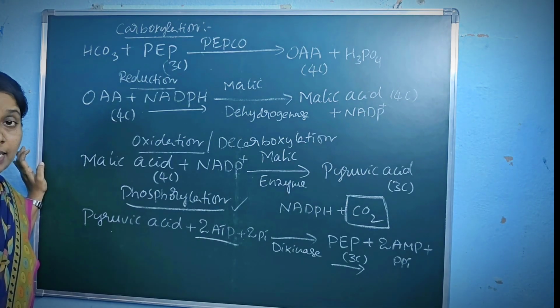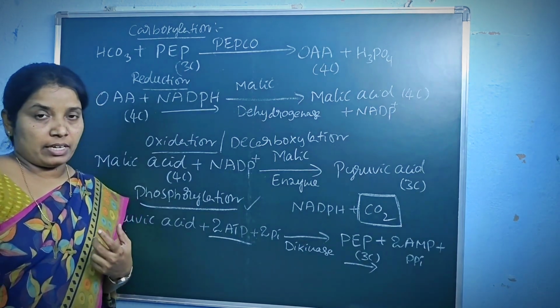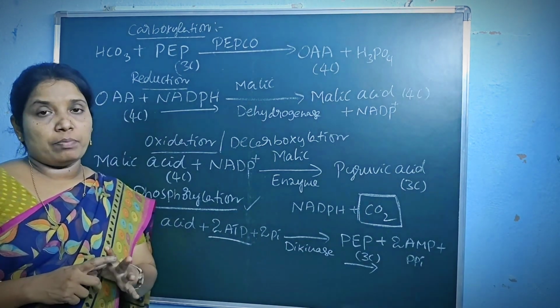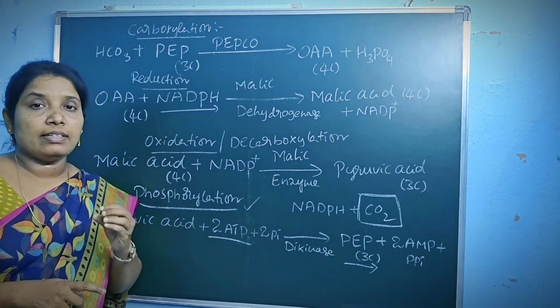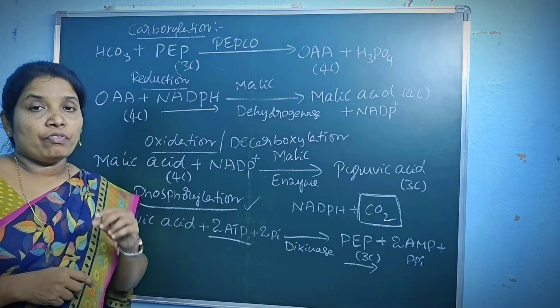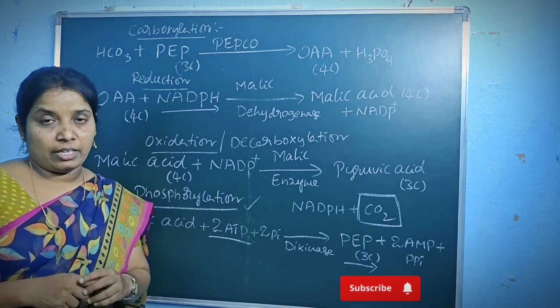So let's see the significance of the CAM cycle. CAM plants are more advanced plants. They are evolutionarily more advanced when compared to the C3 plants. Why? Because they utilize water efficiently.